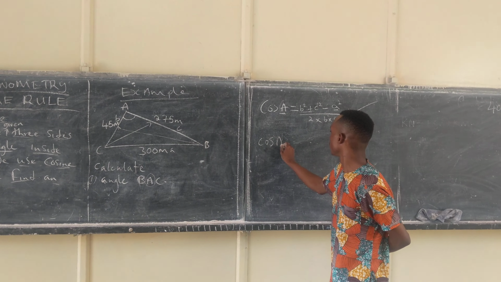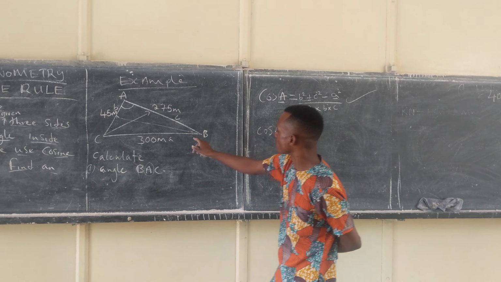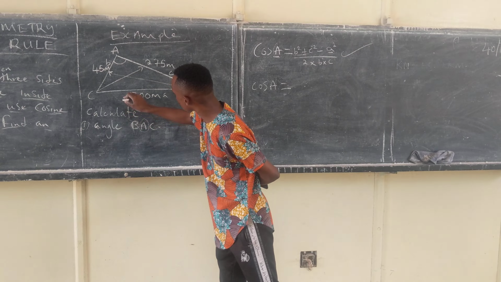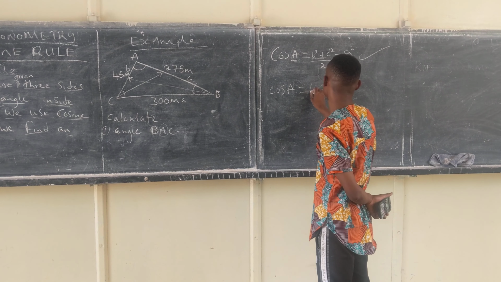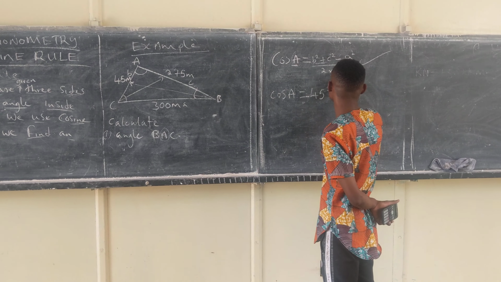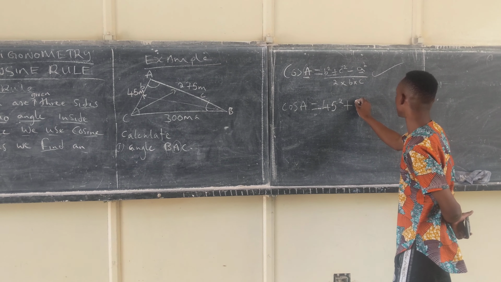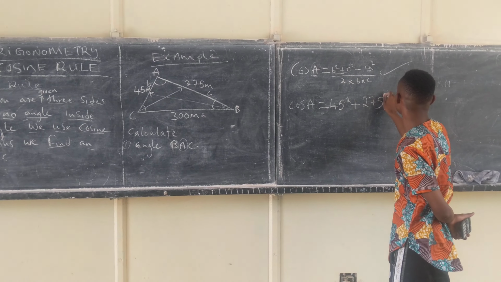Cos A is equal to, where there is B, you put the side where B is facing, where B is corresponding. It is 45 squared. Then plus C, where C is facing, is 275 squared.